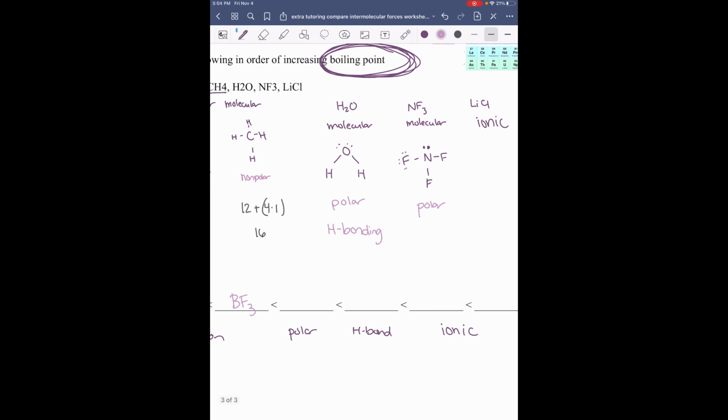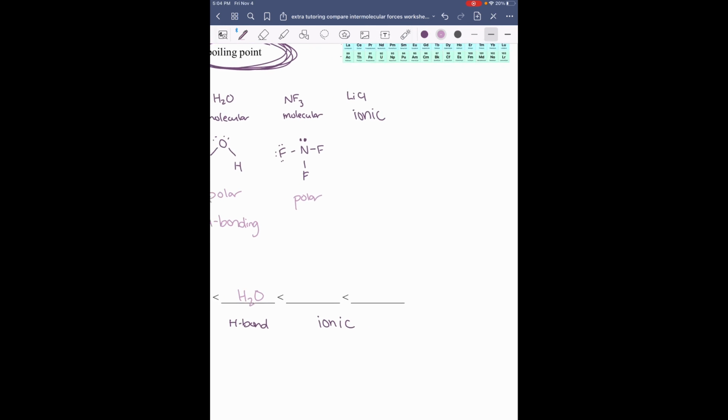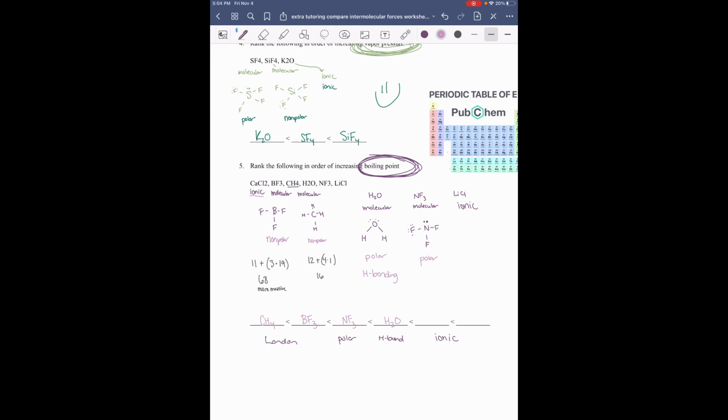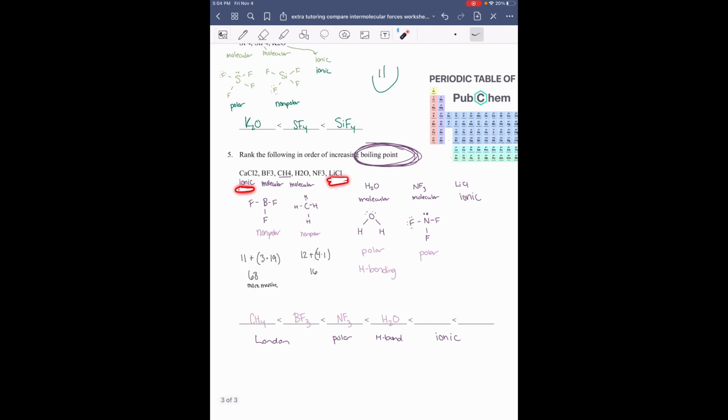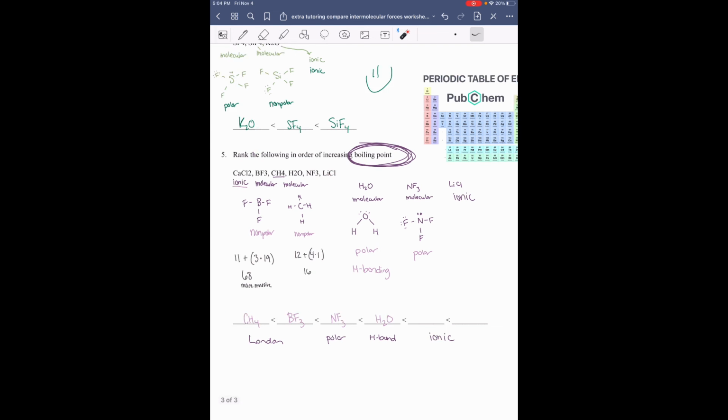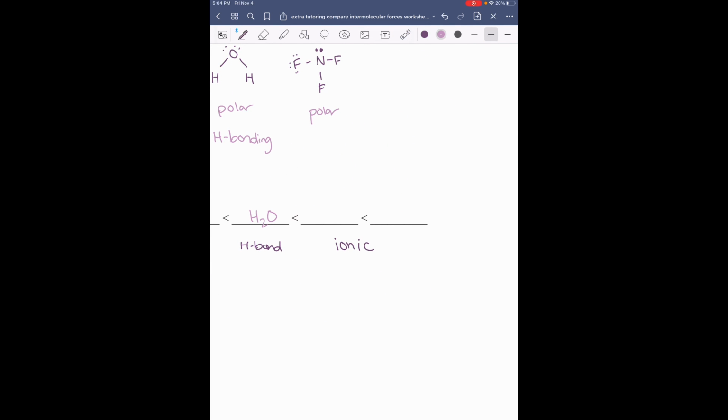Then our polar molecules next. NF, oh sorry, not NH, NF3. Then H2O, because hydrogen bonding is stronger than other dipole-dipole interactions. And then we have to compare our 2 ionic species, CaCl2 and LiCl. How do we compare ionic species?